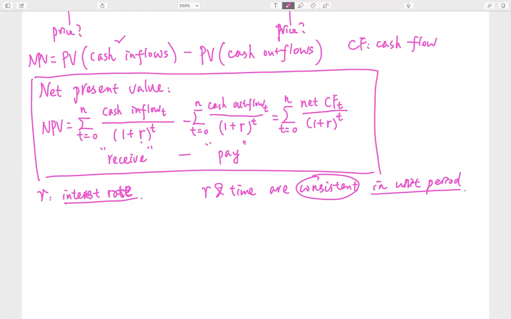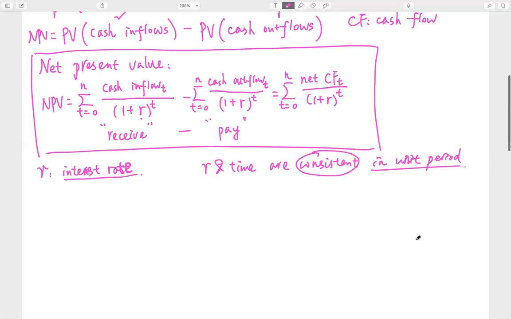Another understanding is that this is not exactly the same as the interest rate. That is because projects are often risky, meaning that it's not the same as putting money in a savings account.